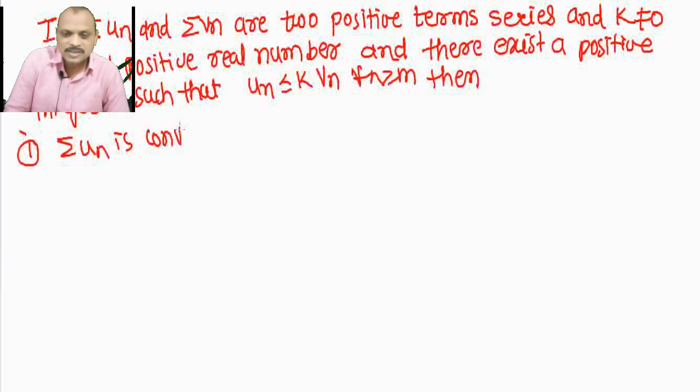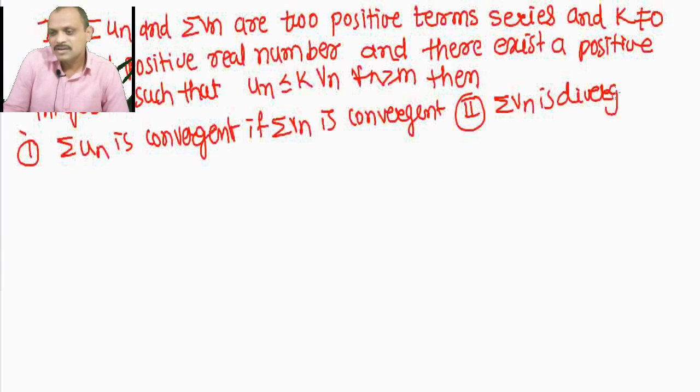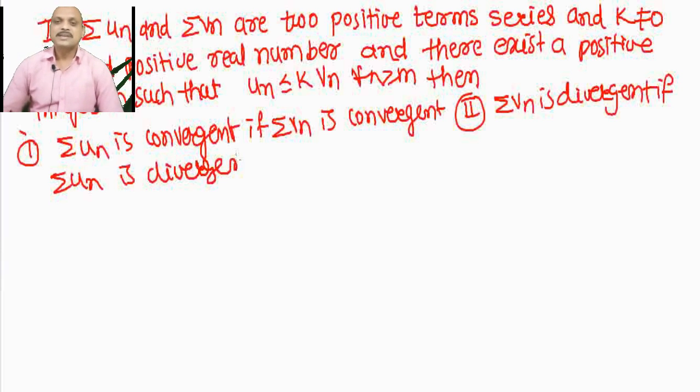And the second part: summation vn is divergent if summation un is divergent. So friends, it is given how the terms of the series are related.